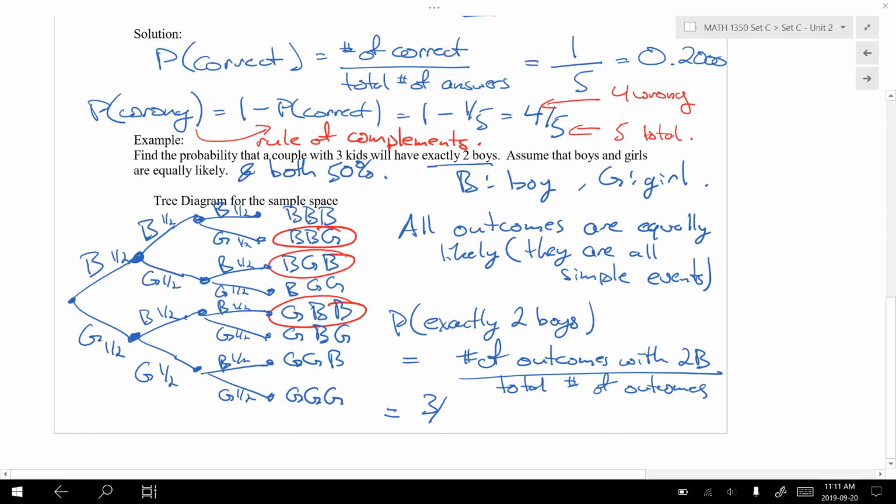There's 2, 4, 6, 8 in total. So we get 3 on 8, or about 37.5%. Okay.